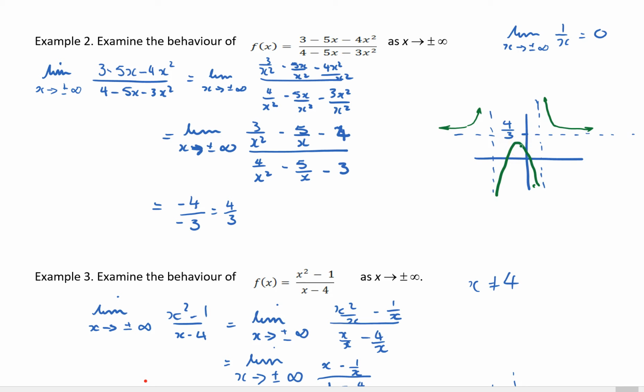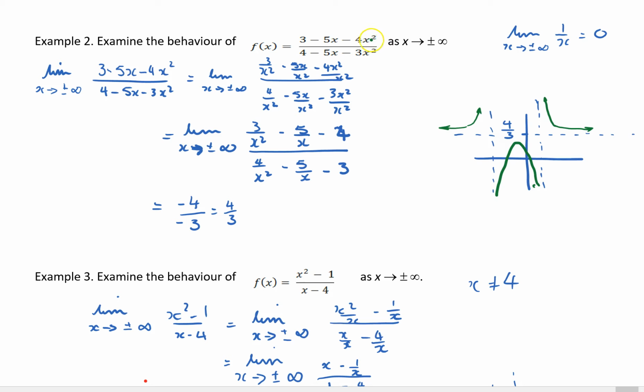I also want to talk about the algebraic form of the function. Here we can see that our fraction is made up of a numerator and denominator, obviously, but in particular the highest power of x is the same.